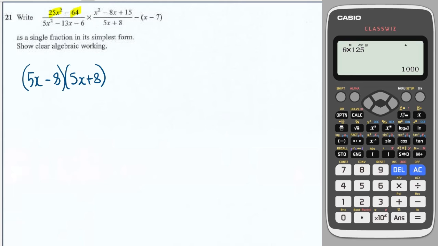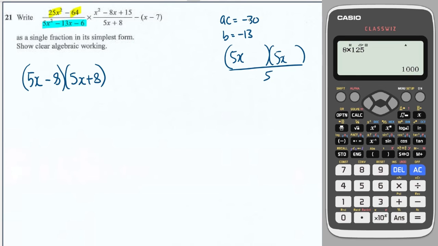Brilliant. This one on the bottom, we need to use the AC method. So AC is 5 times minus 6, which is minus 30. B is equal to minus 13. Because the A value is 5, we do 5x all over 5.